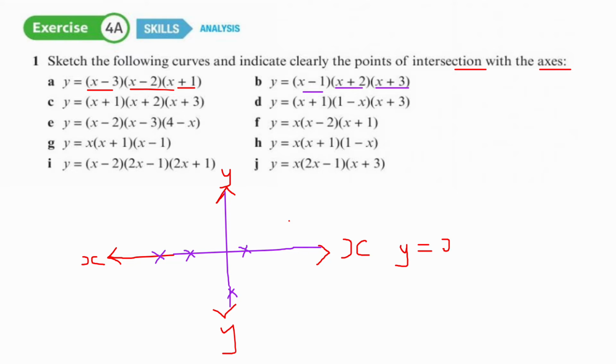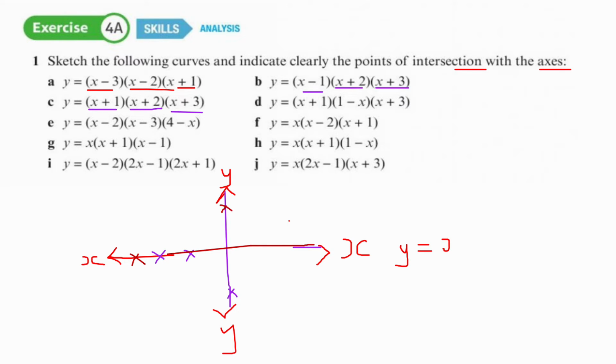So for part C, your solutions this time will be when x is negative 1, x is negative 2, and x is negative 3, where it crosses the x-axis. So let's just delete this cross here if we can without deleting the line. Oops. And then it crosses the y-axis at positive 6.